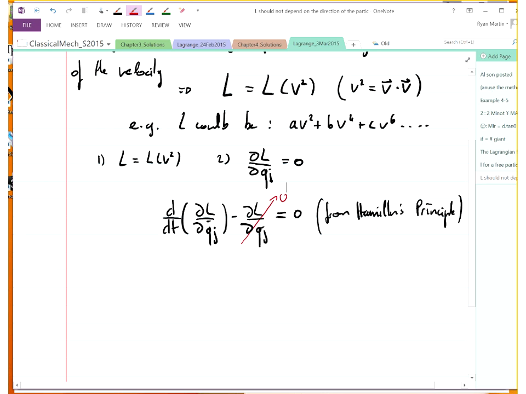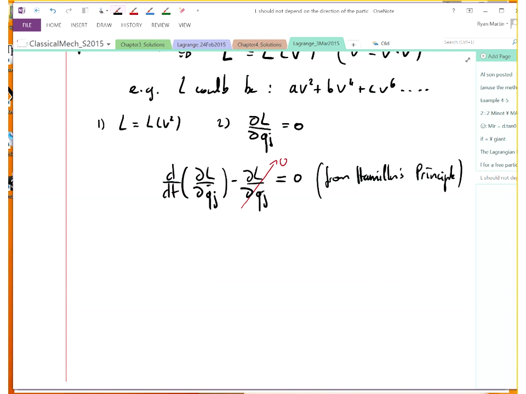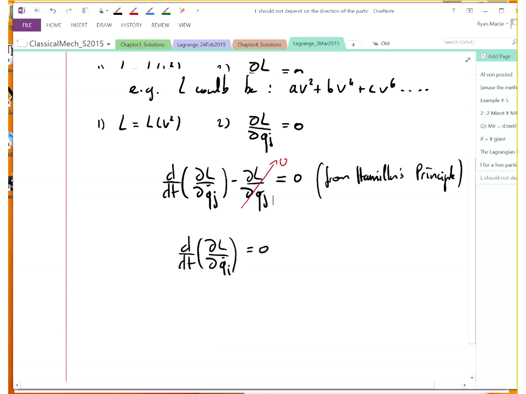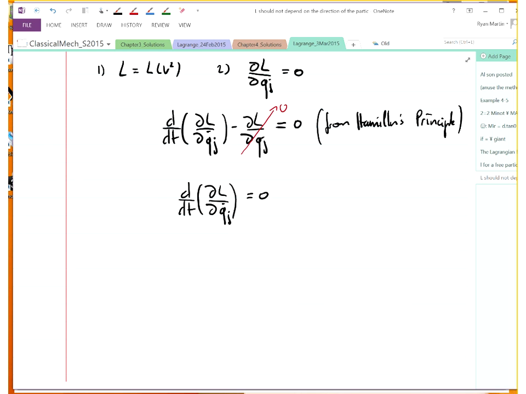Now we just said the second term was 0, right? For a free particle. That wouldn't be true for a non-free particle that's, say, in a gravitational field, but for a free particle it's true. Okay, so the second term is 0. That means that d/dt of ∂L/∂Q̇_j equals 0.